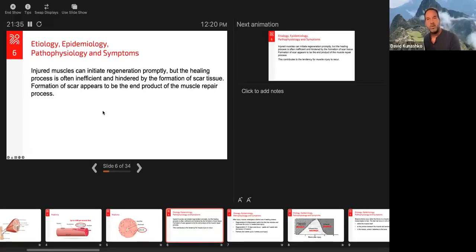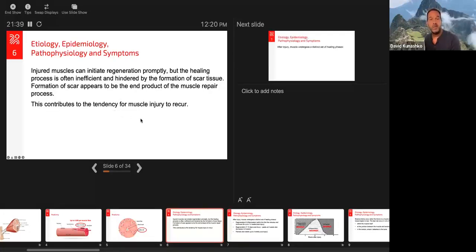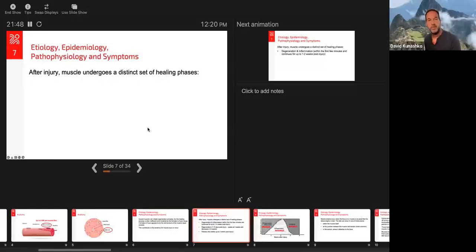That's what you want to try to reduce when you're healing with laser therapy and other therapies. This is really critical in making sure that your patient does not come back to you with the same injury a few months later.